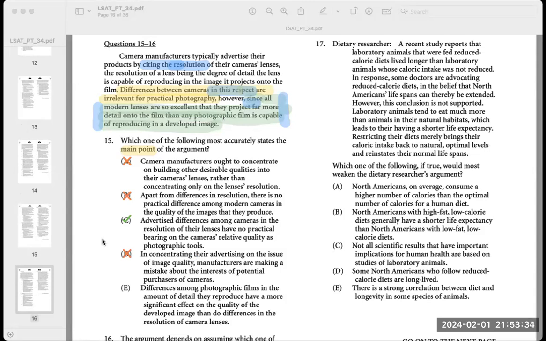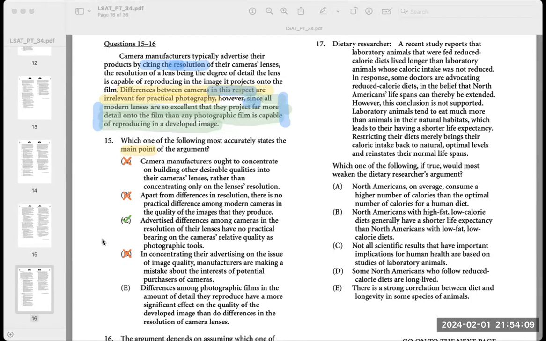E: differences among photographic films in the amount of detail they produce have a more significant effect on the quality of the developed image than do differences in the resolution of camera lenses. So this would be an inference that I could come to based on what I'm given in the support, but it's not the conclusion of the argument. It's not actually discussed in the argument that the films are going to have a more significant effect than the resolution.